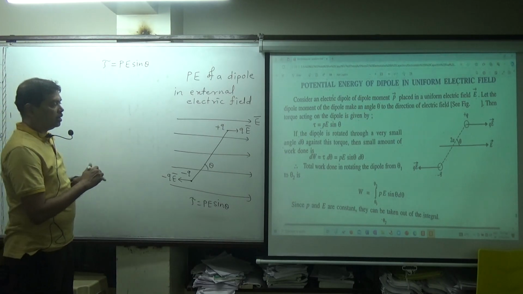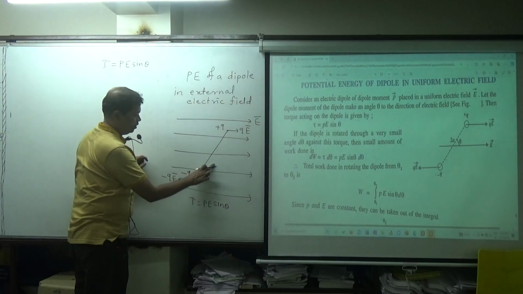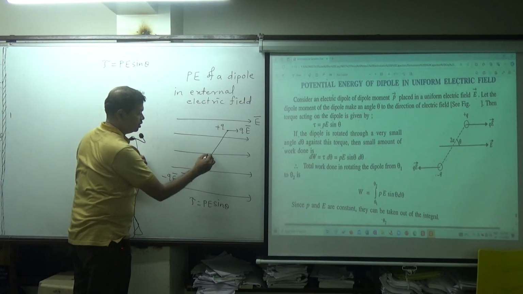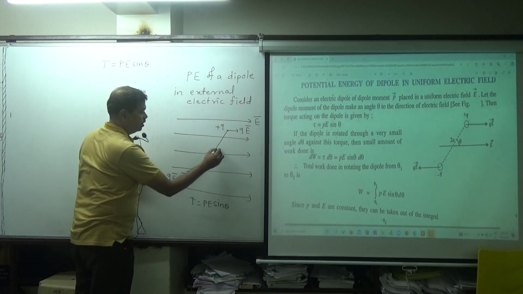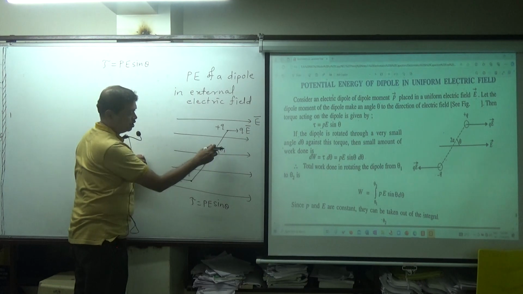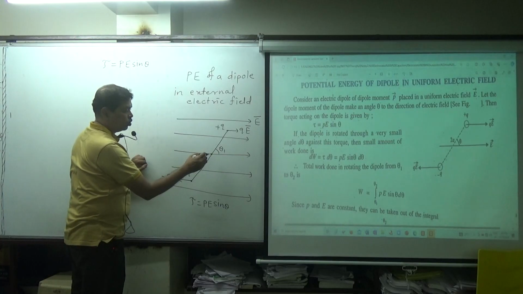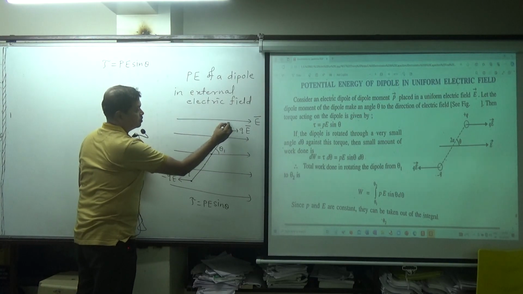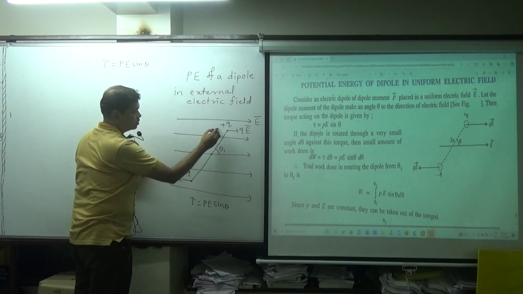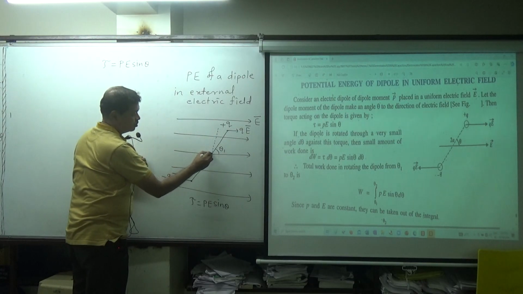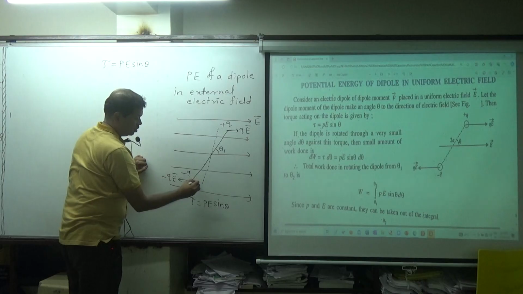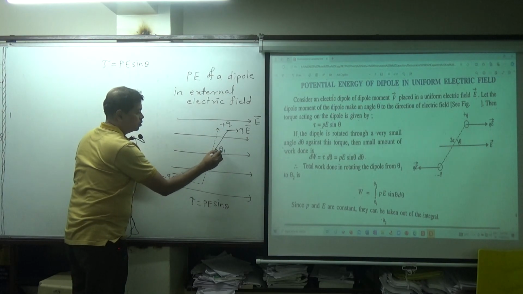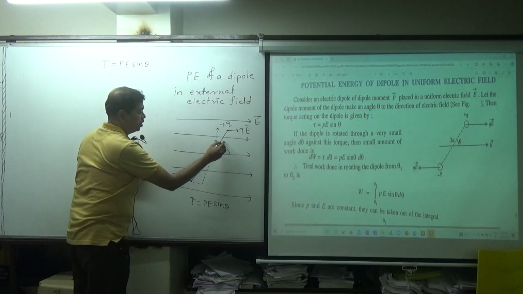But before that we have to solve one question like this. Suppose initially the dipole is at angle theta 1, and I want to rotate it like this from angle theta 1 to theta 2.